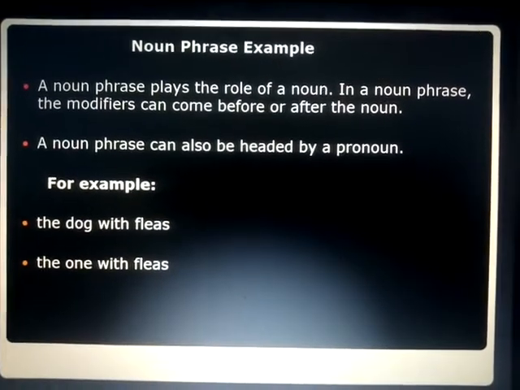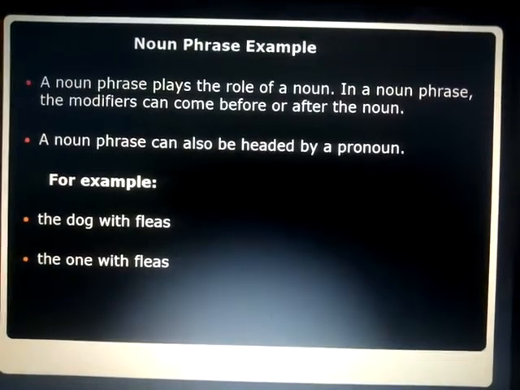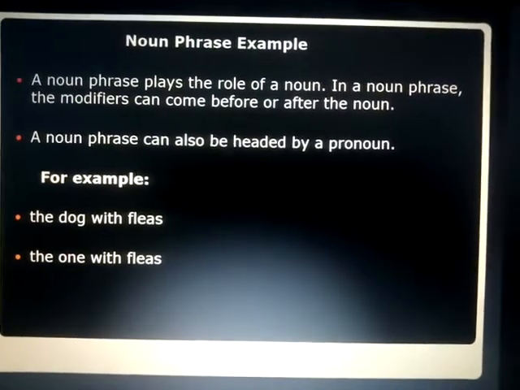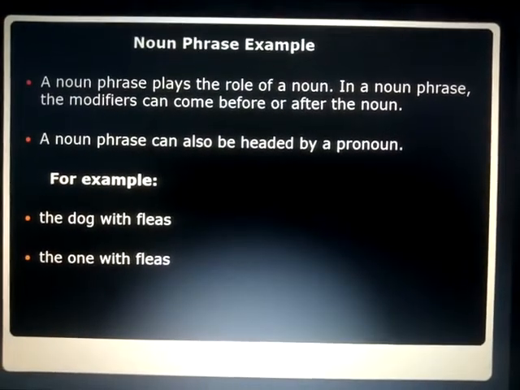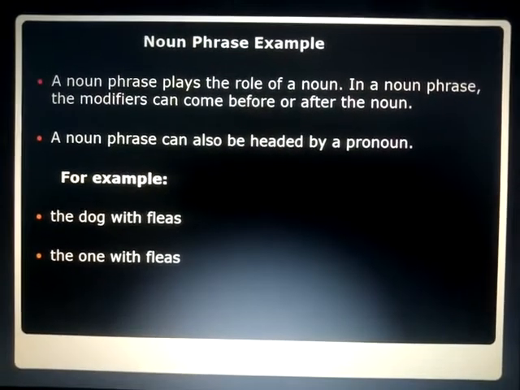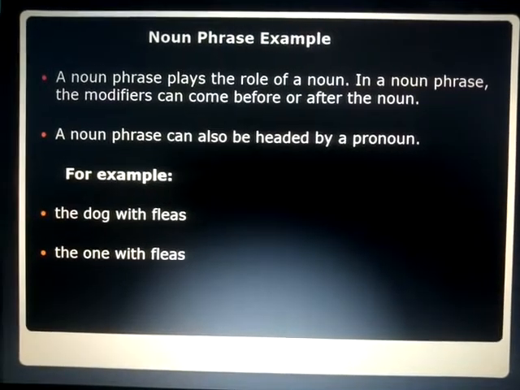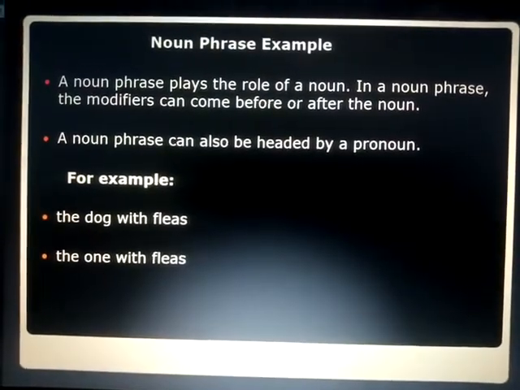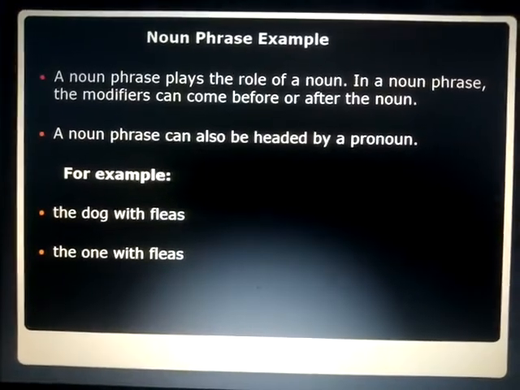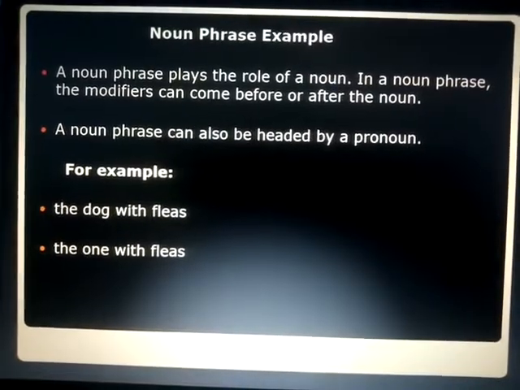For example, the dog with fleece. You see, the dog. Dog is a noun. We remove it and replace it with one. The one here with what? Fleece.